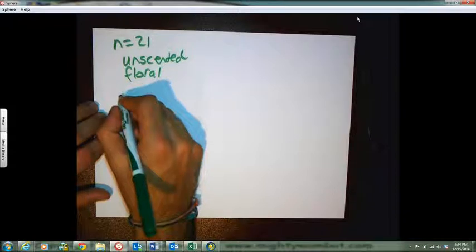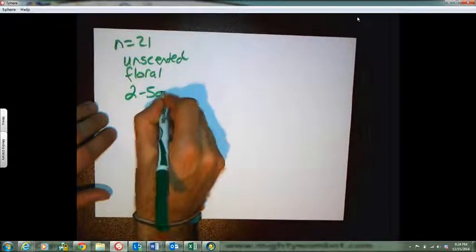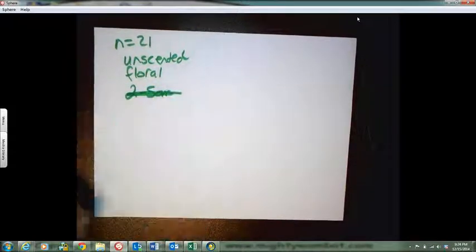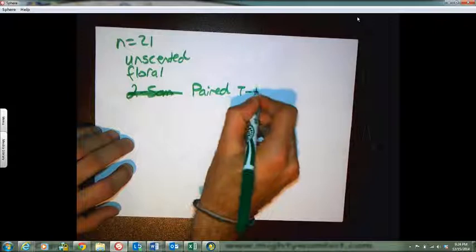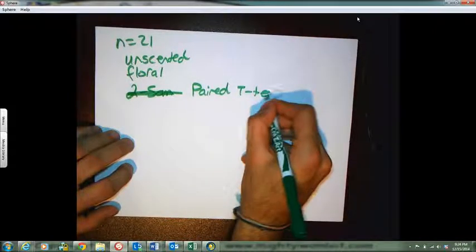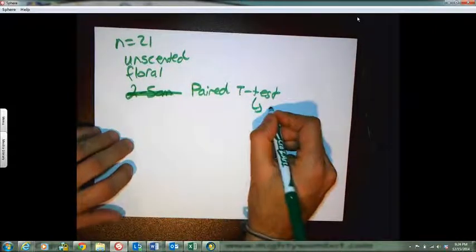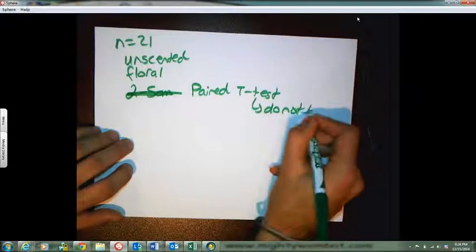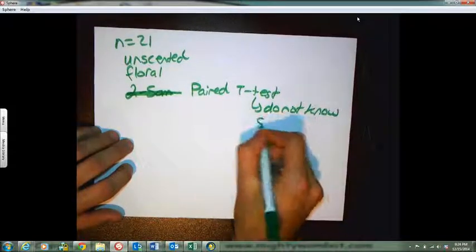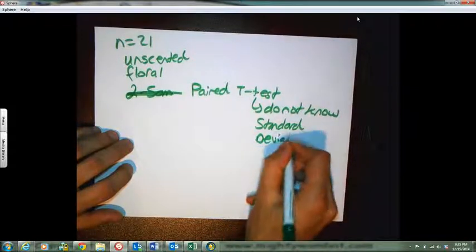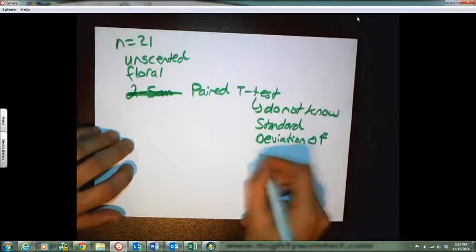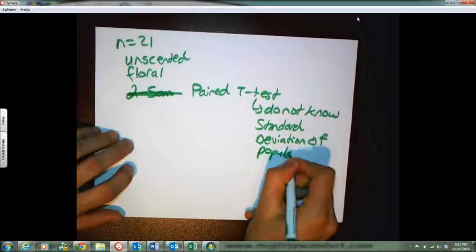So first thing I need to do is tell me this is a 2-sample. No, it is not a 2-sample t-test. See, I was about to make a mistake here. This is a paired t-test. And the reason I know it's a t-test, of course, is I do not know the standard deviation of the population.